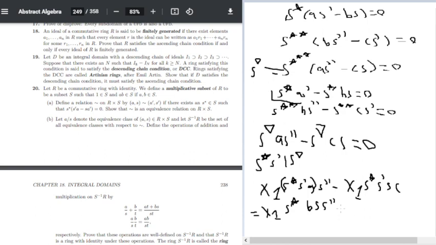Now we have that minus X1 S star S prime SC.